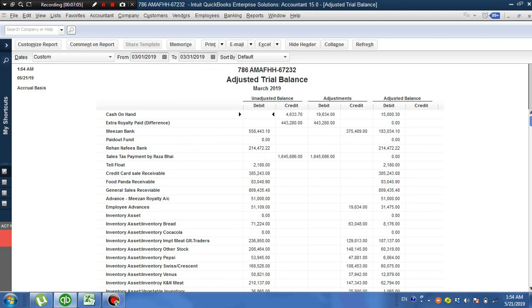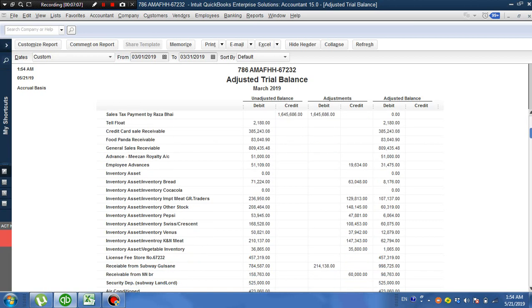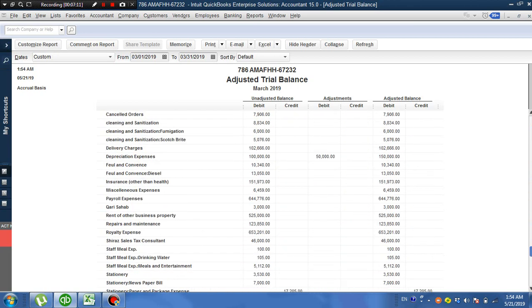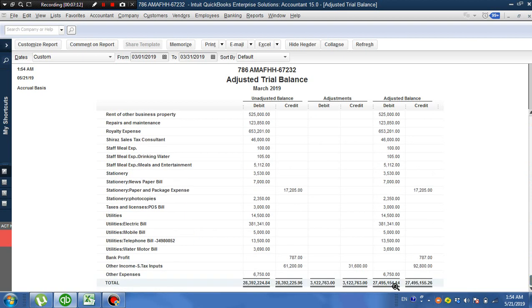This is the trial balance, adjusted trial balance. This is the total of the trial balance. Debit, credits, then the adjustment of debit credits, and then the adjusted balance debit credit. Look at this.